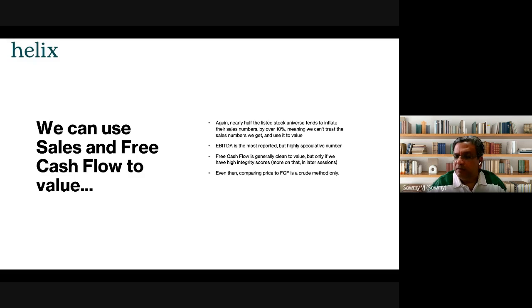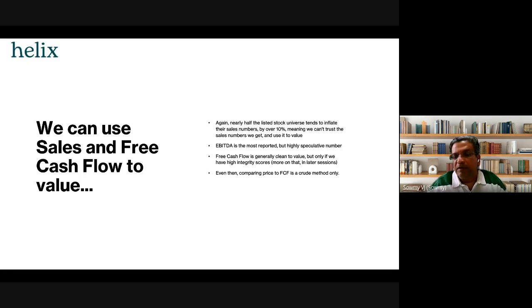A couple of things that many analysts use are sales and free cash flow. Sales is a highly contested number because sales is often restated, and quarter on quarter there are variations.